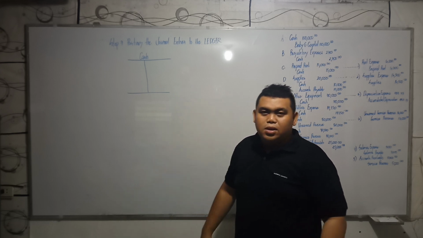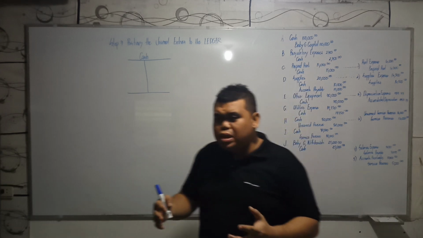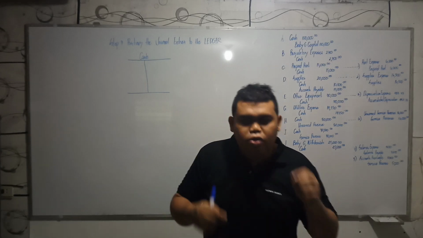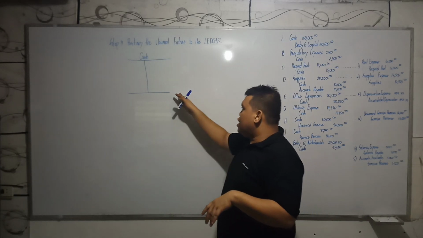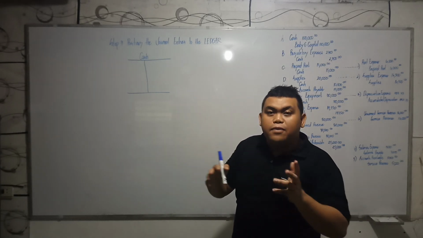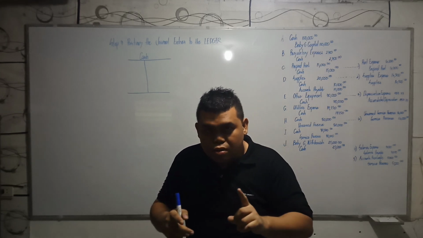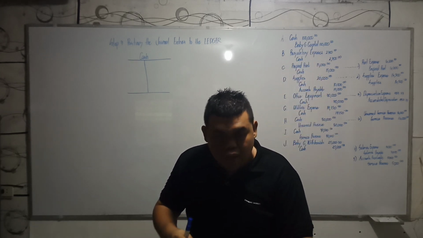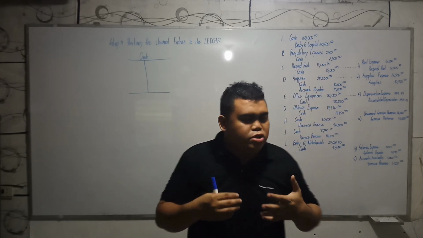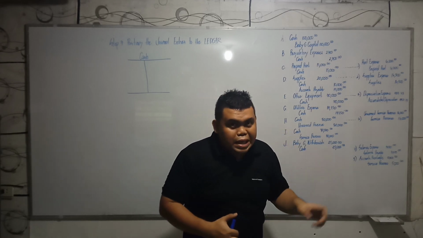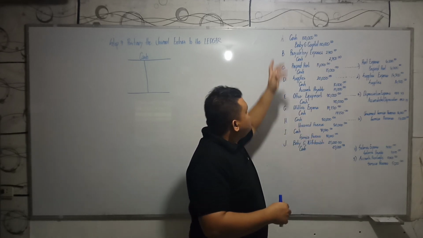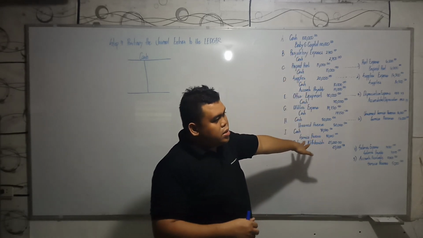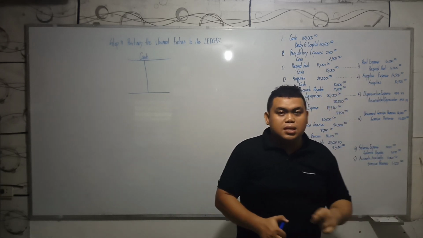So, since we don't have any chart of accounts, again, theoretically, each T account should be for one account in the chart of accounts. But in this lecture, we're going to prepare only T accounts for these journal entries and these adjusting journal entries.